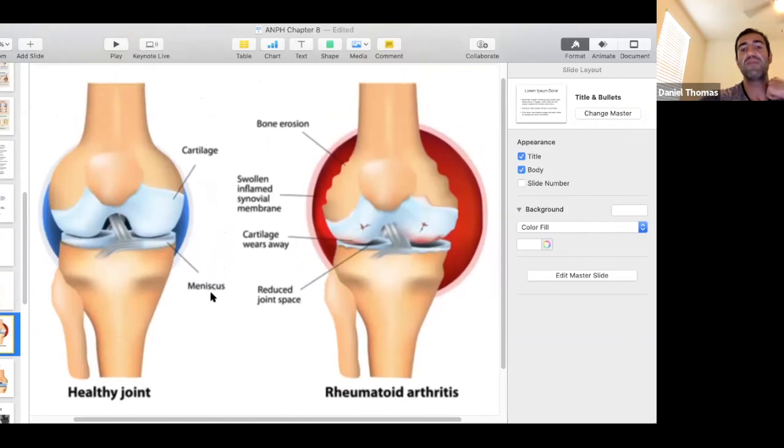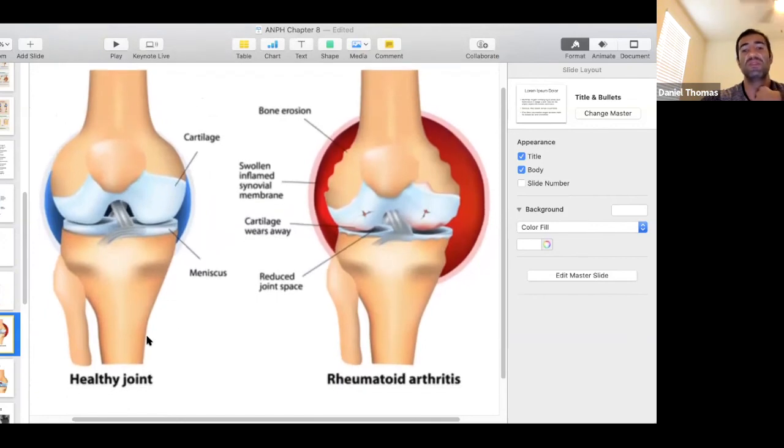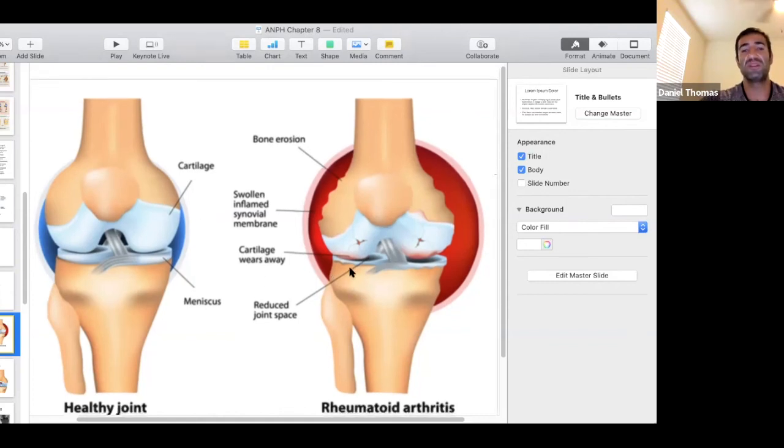All right, now we have rheumatoid arthritis. And this is actually going to be an autoimmune disease, meaning that your body's own immune system is going to degrade the integrity of the structure. It's extremely painful. What it is going to do is result in worn away articular cartilage.